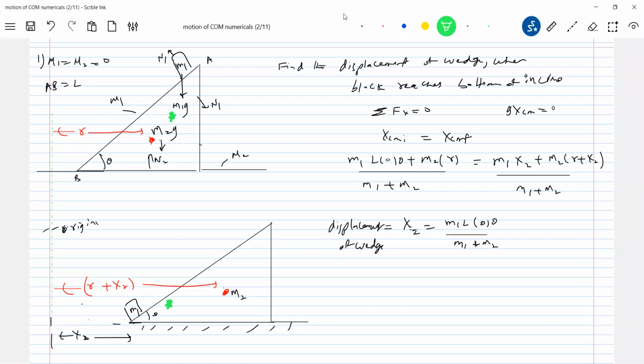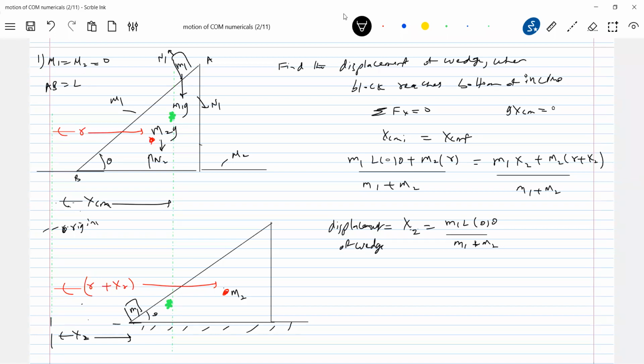It has not got displaced along the x-axis. No change in position of center of mass. You can see here. The block changes position, the wedge changes its position, but the center of mass of the system didn't get displaced here.